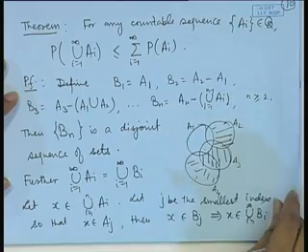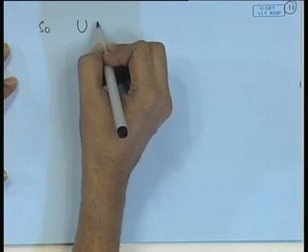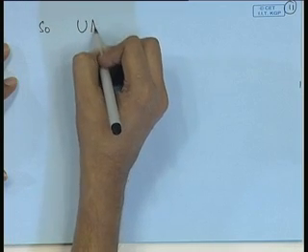Consequently, x will belong to union of B_i's. As a result, since union of B_i is already a subset of union of A_i, we are now getting union of A_i is a subset of union of B_i. Therefore, we must have union of A_i is equal to union of B_i's.